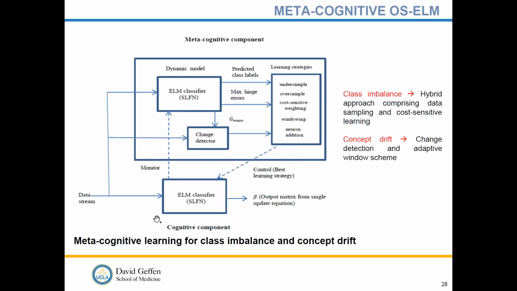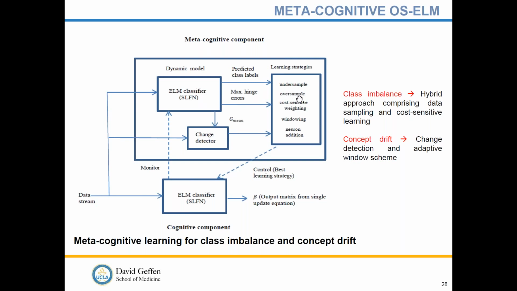So this is our machine learning based metacognitive model. The cognitive component is just the simple ELM classifier, and in the metacognitive component, we have the latest version of the ELM classifier. We have a change detector which keeps track of the concept drift problem, or non-stationary problem. Then based on the predicted class label, error function, and G-mean, which are the knowledge measures, we select a suitable learning strategy from a pool of strategies.